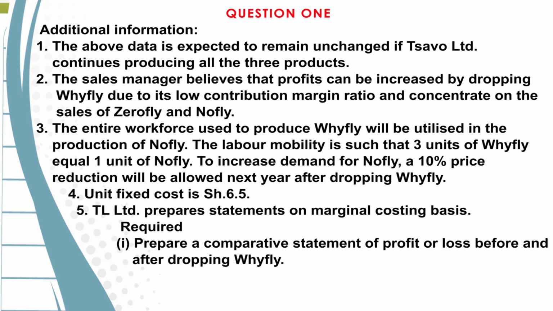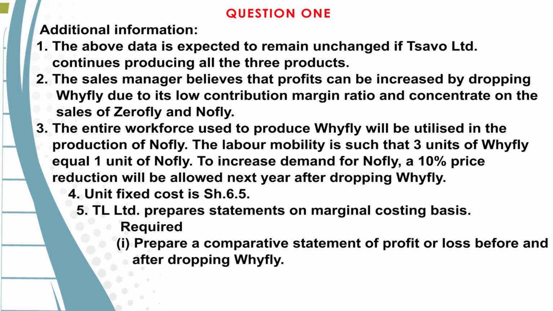You understand? So in no-fly, currently how many units are being produced? That labor used to produce 150,000 units. So we need to determine the workers that have been producing the 150,000 units.